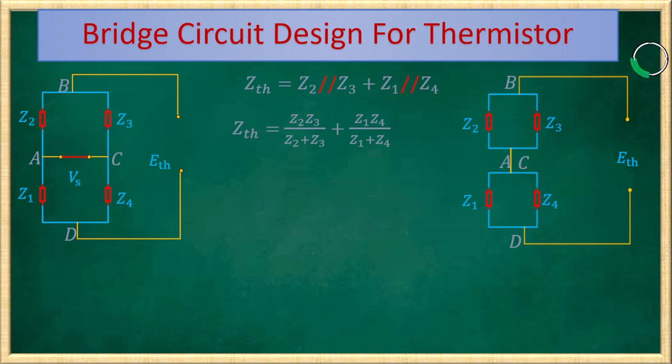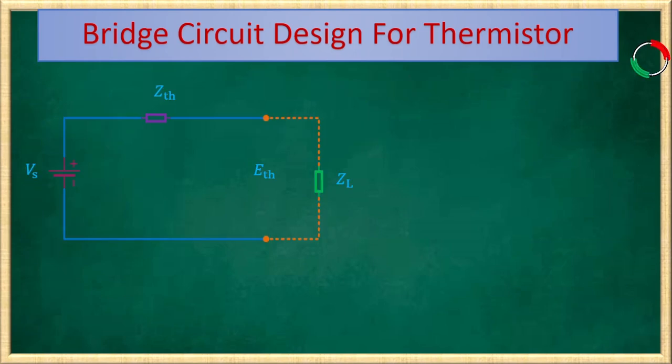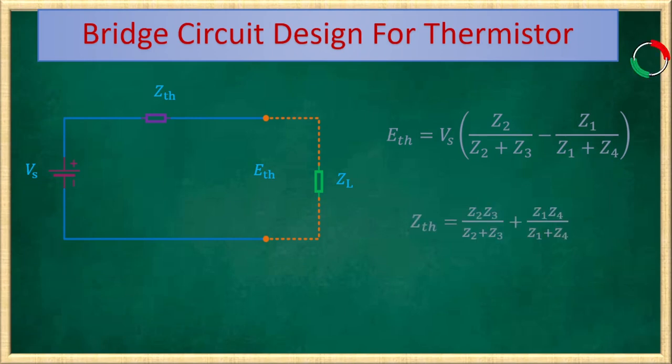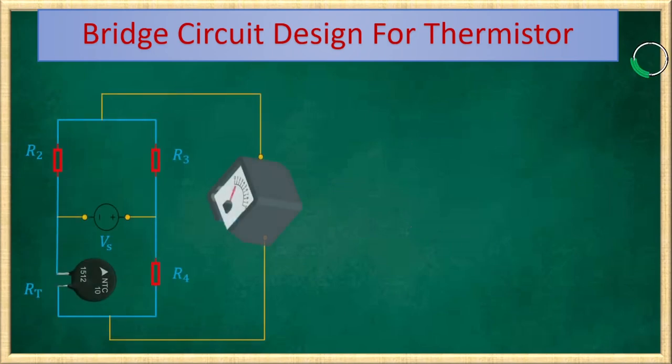Now, we can draw the simplified Thevenin's equivalent circuit like this, where ETH equals Vs times [Z2/(Z2 + Z3) minus Z1/(Z1 + Z4)], and ZTH equals this one. Now, when we come to our sensor's Wheatstone bridge, all the three impedances are purely resistive.